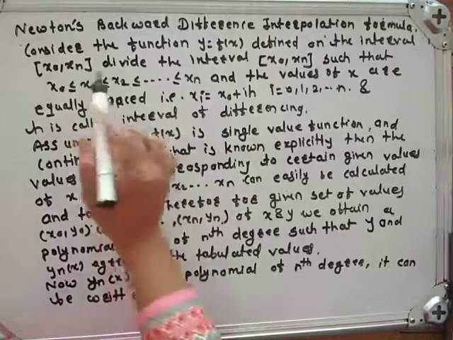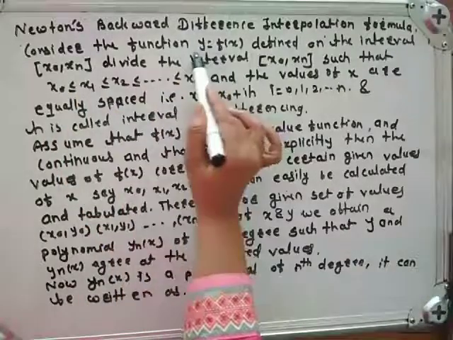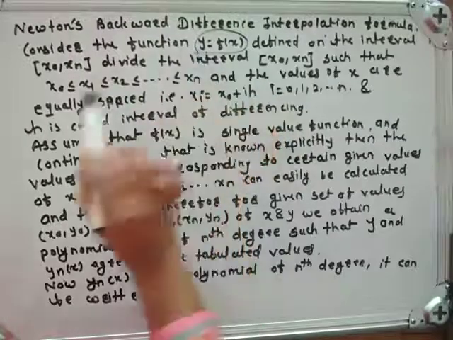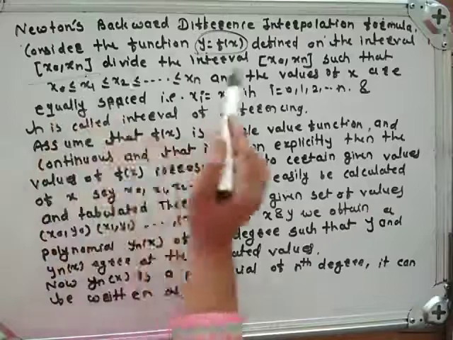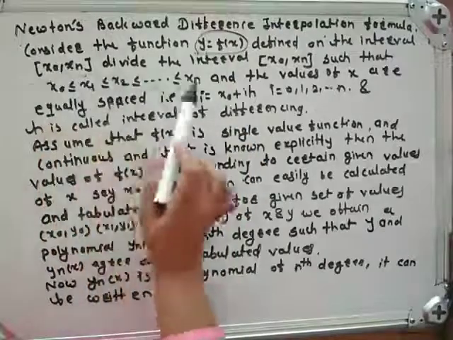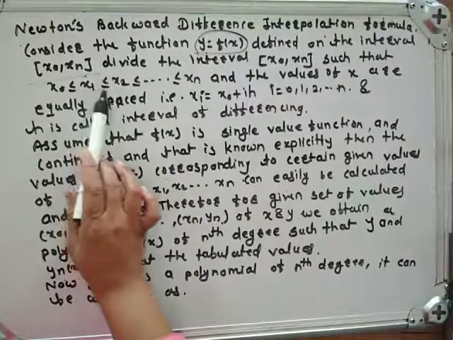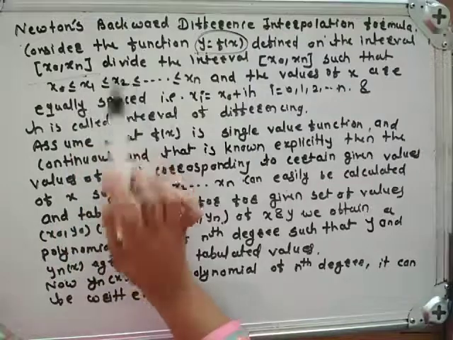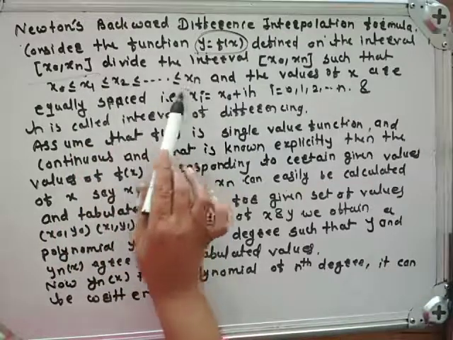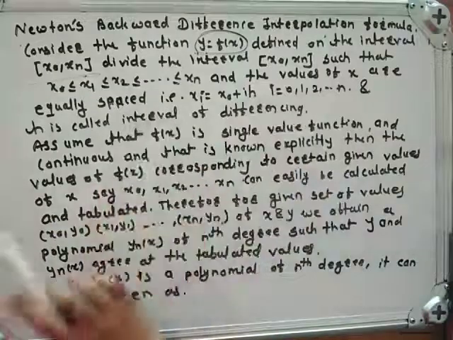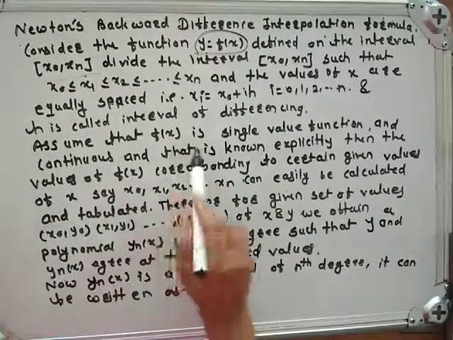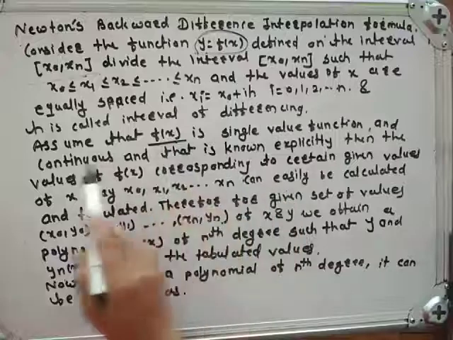See here, consider a function y = f(x) in the closed interval [x0, xn]. Divide this interval such that x0 ≤ x1 ≤ and so on up to ≤ xn, and the values of x are equally spaced. Assume that f(x) is a single valued function and continuous.